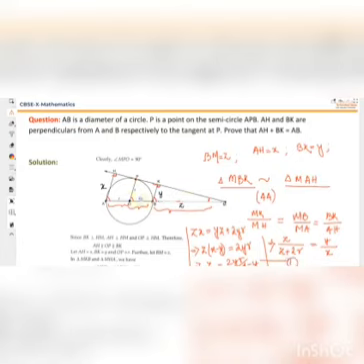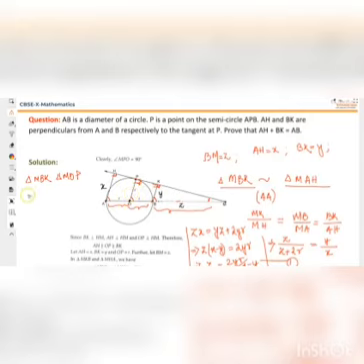Similarly, in these two triangles, triangle MBK and triangle MOP, I have taken these two triangles. This is 90, this is 90, and this angle is common. So again, these two are similar triangles.